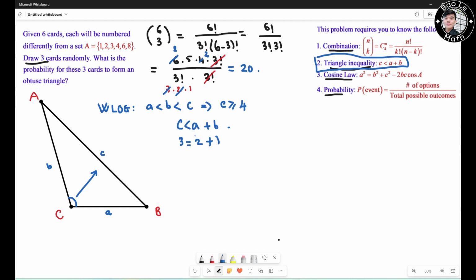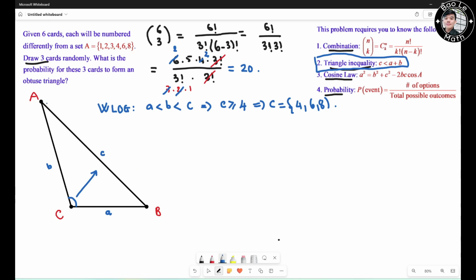So it does not guarantee that the triangle ABC exists. Alright, so c must be greater than or equal to 4. Now, if c is greater than or equal to 4, then c will be 4, 6, or 8.